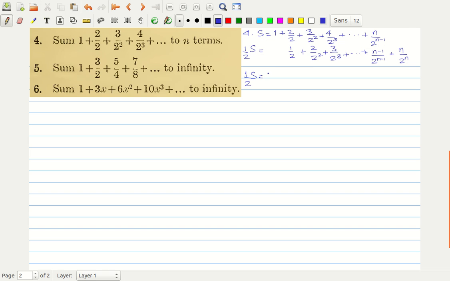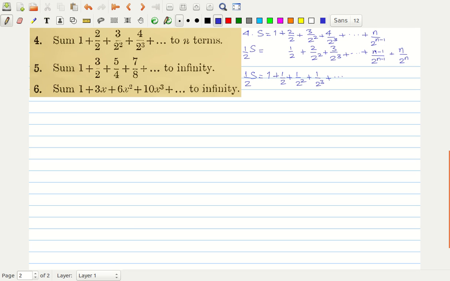So 1 minus 0 is 1 plus 2 by 2 minus 1 by 2 is 1 by 2 plus 3 by 2 square minus 2 by 2 square is 1 by 2 square plus 4 by 2 cube minus 3 by 2 cube is 1 by 2 cube, and so on. And you will see that this is again a geometric progression.